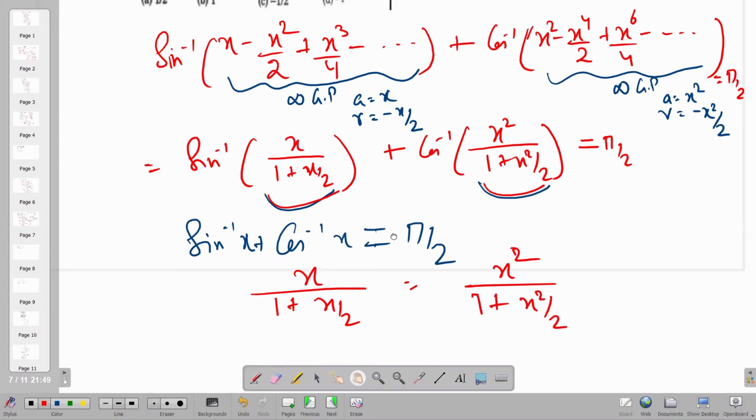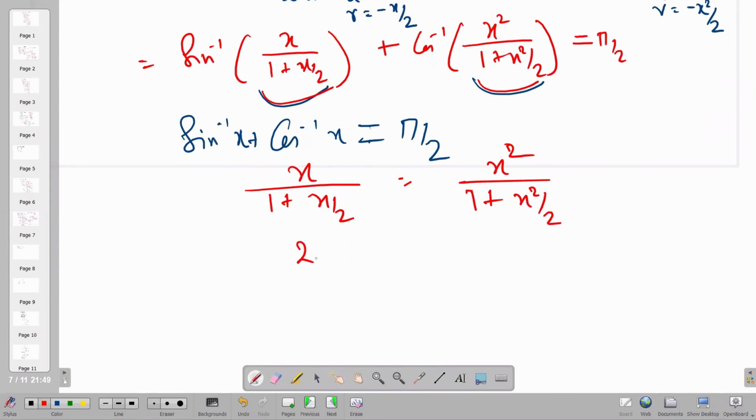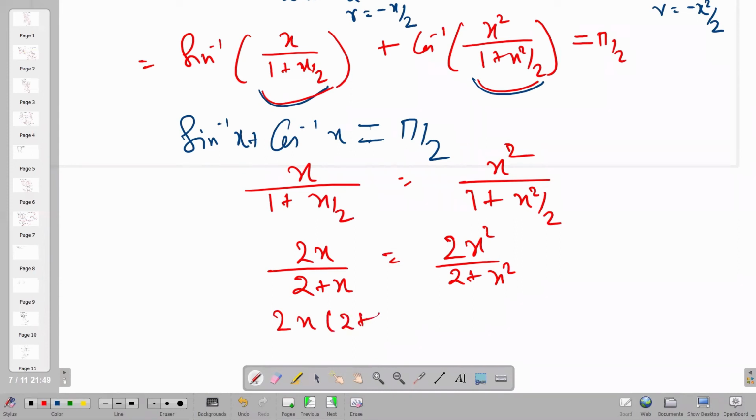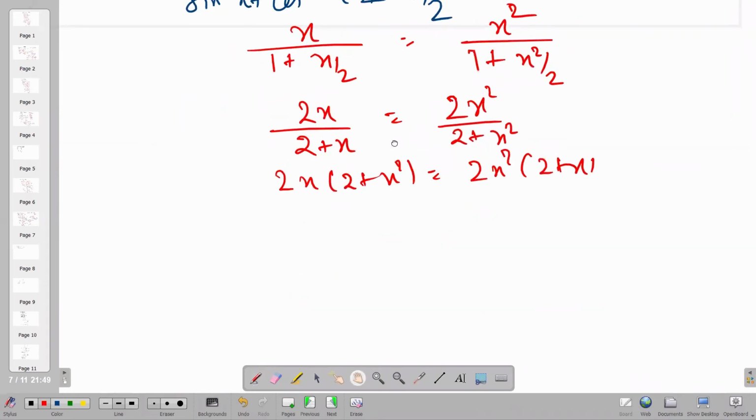Further taking LCM, I get 2x upon 2 plus x, and here 2x square upon 2 plus x square. 2x into (2 plus x square) equals 2x square into (2 plus x). On further solving, this comes out to be 4x plus 2x cube equals 4x square plus 2x cube.